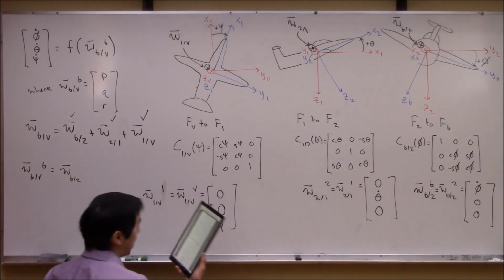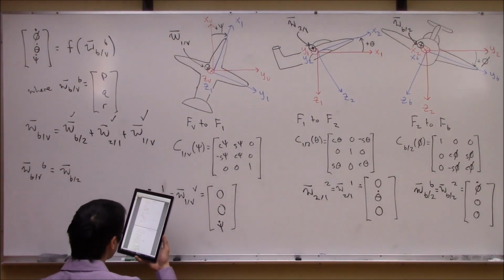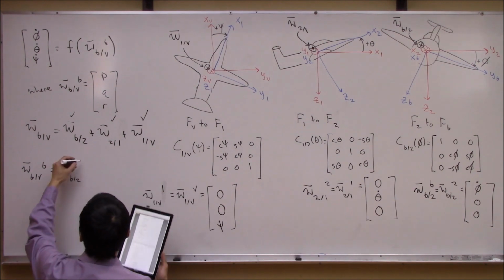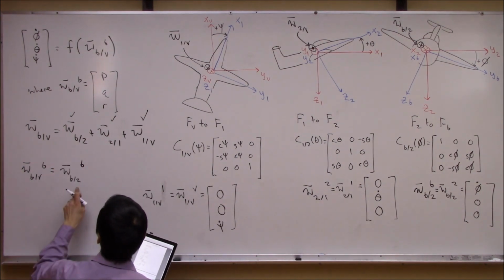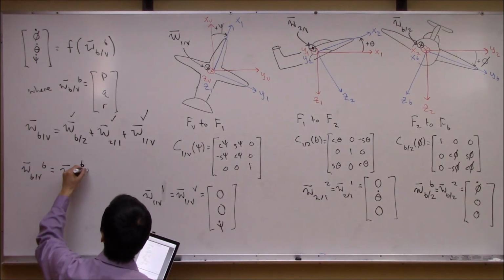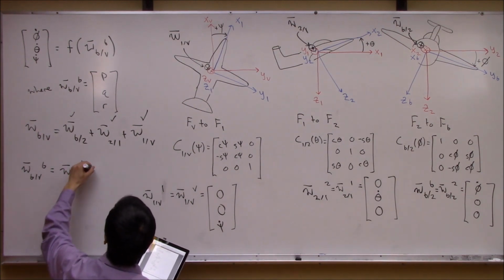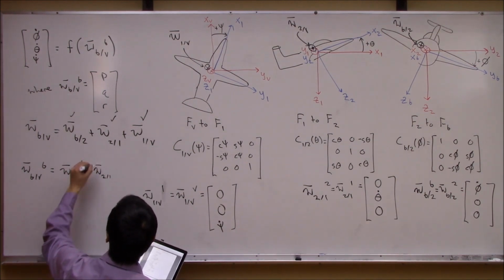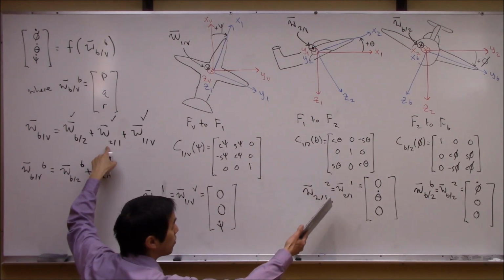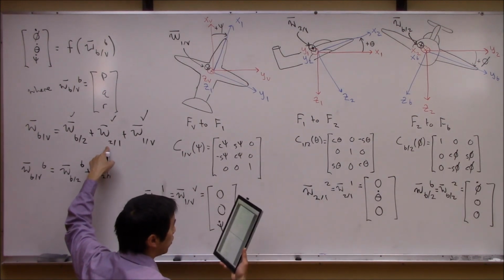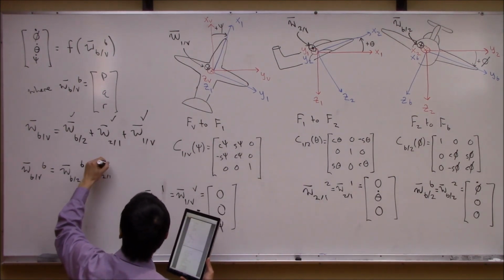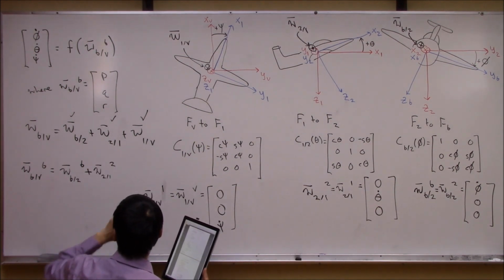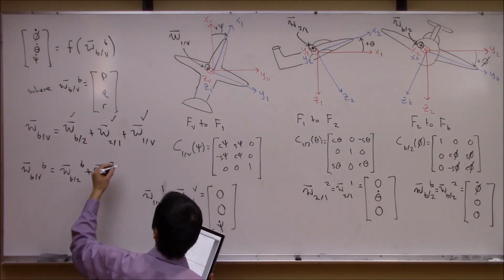So let's pick the body frame, actually. That probably is the easiest thing to do. So this is good. Now the next term, plus omega 2 with respect to 1. Where do we have that? We've got this either in the 1 frame or the 2 frame. Let's put it in the 2 frame. That'll make it slightly easier on us in a second. Not terribly easier. It really doesn't matter.